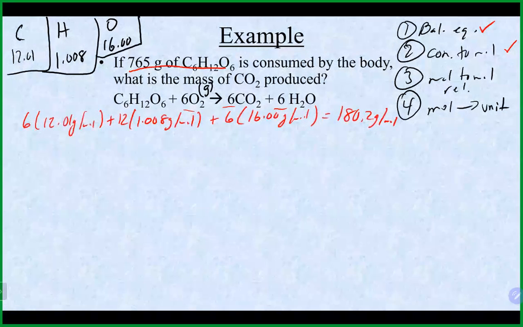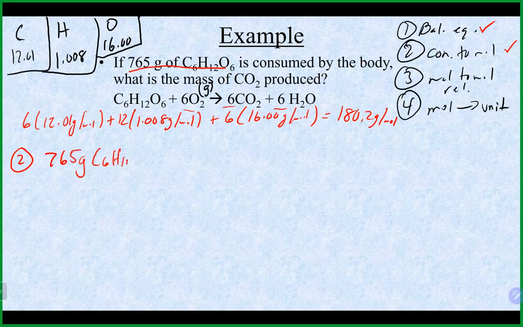We're going to use that number to do our second step, which is convert to moles. The 765 grams of C6H12O6: in this case, we want the grams on the bottom so that they cancel. Again, we calculated the molar mass based solely on the formula, which has nothing to do with the coefficient in the equation.